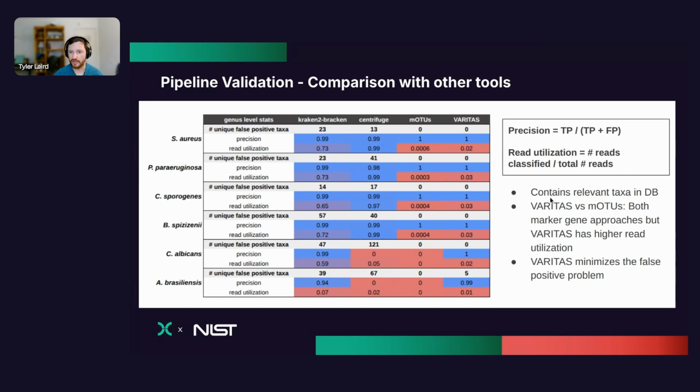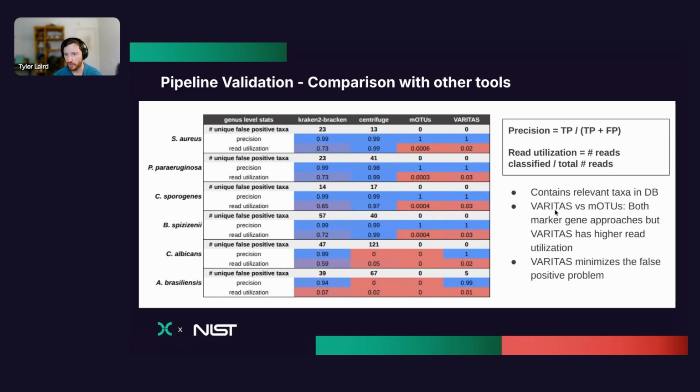One thing to note is that the VARITAS database contains the relevant taxa in this scenario. So certain tools and databases like Centrifuge and MOTUs don't represent fungi. And so Candida albicans and Aspergillus brasiliensis aren't even able to be detected.